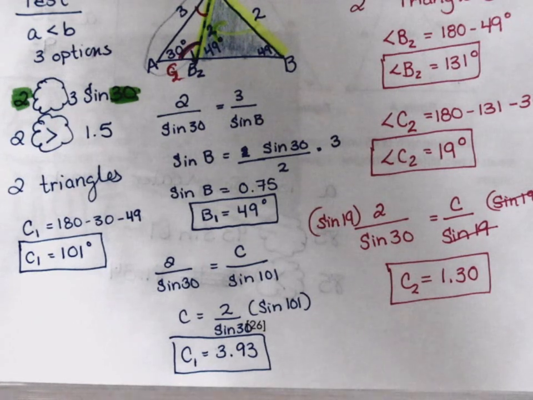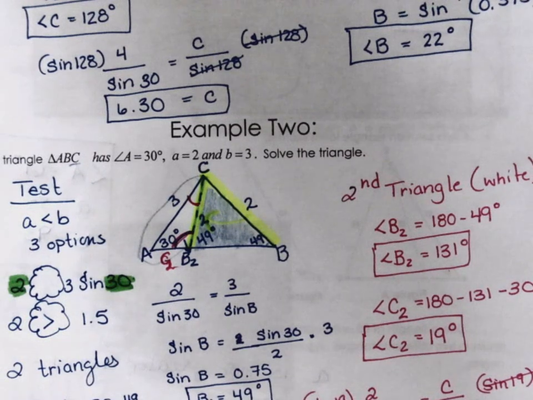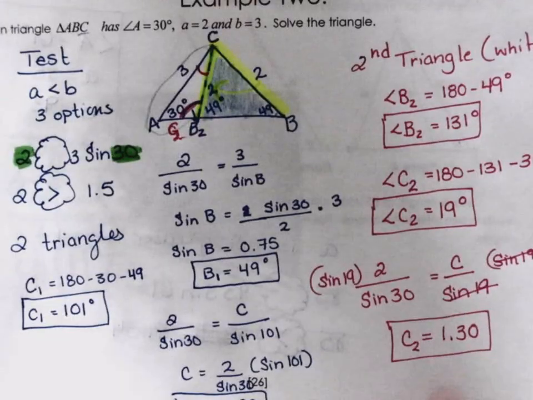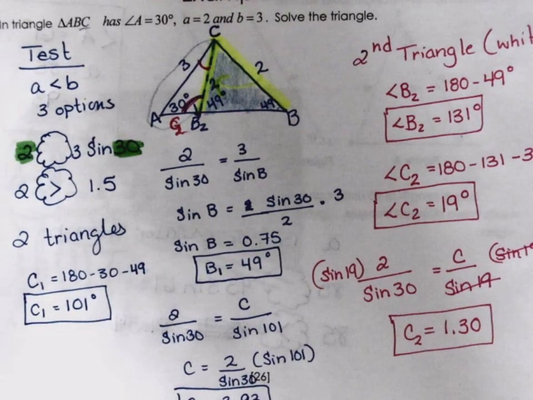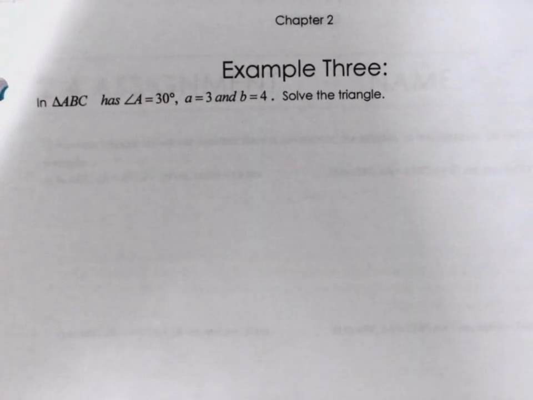B, because the angle for B is 131, right? So it's going to have the longest side, and it is. One side is 2, one side is 3, and one side is 1.3. So smallest angle will have the smallest side that matches. Just another way for you to check your work. You're not going to get tested on that. That's just kind of like, does that make sense?